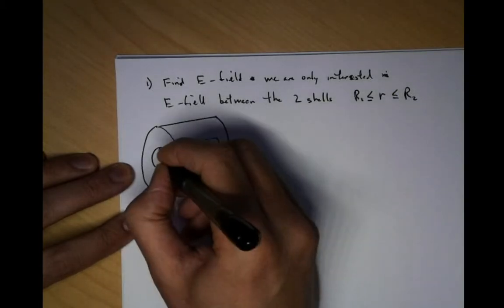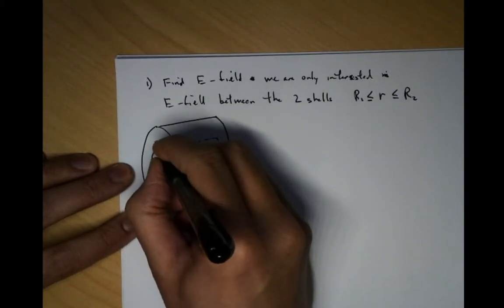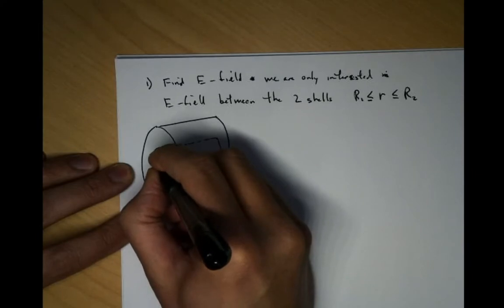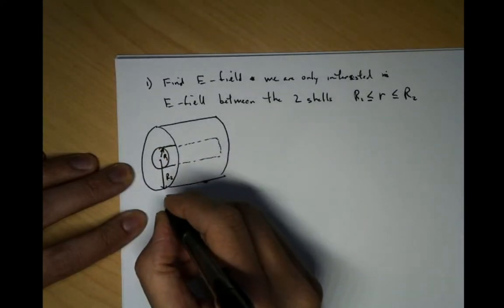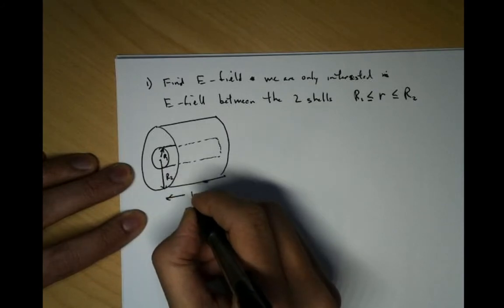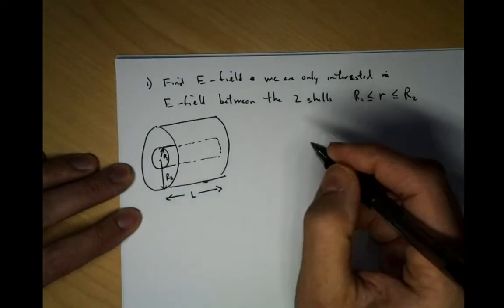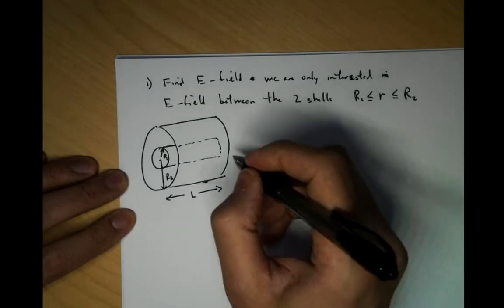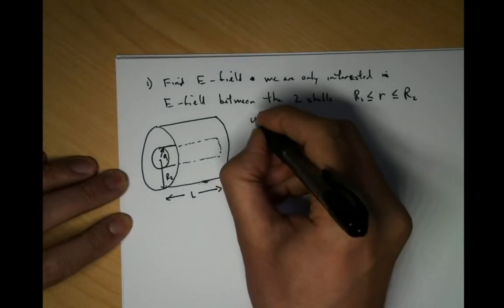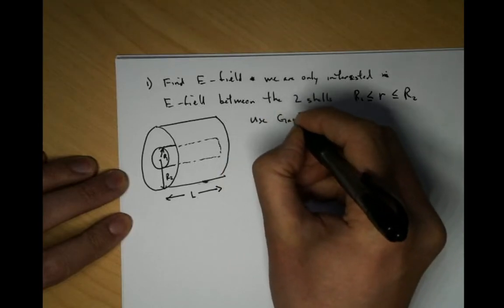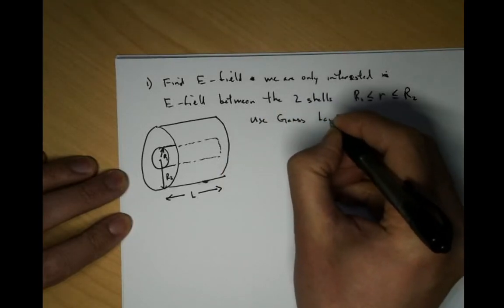This is going to be R1, that's R2. This is L, say. And in order to figure out the E field, we use Gauss's law. Let's write it down first.